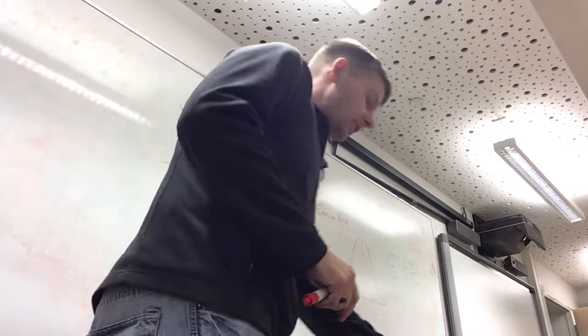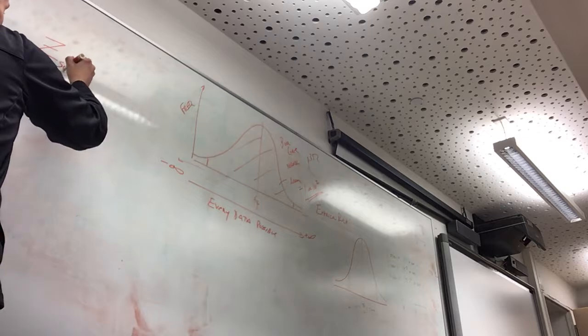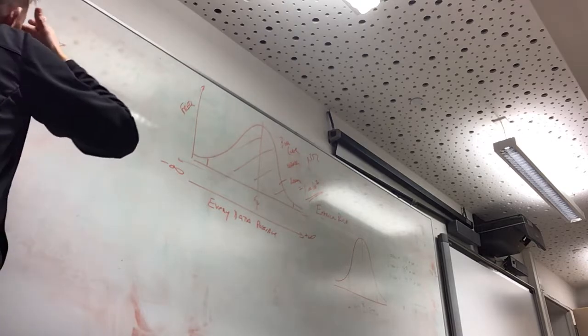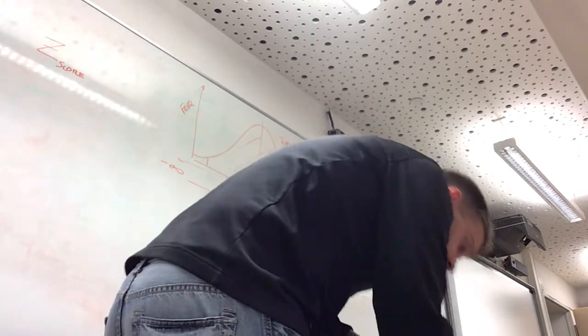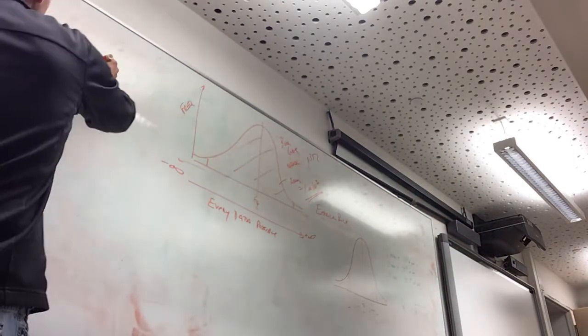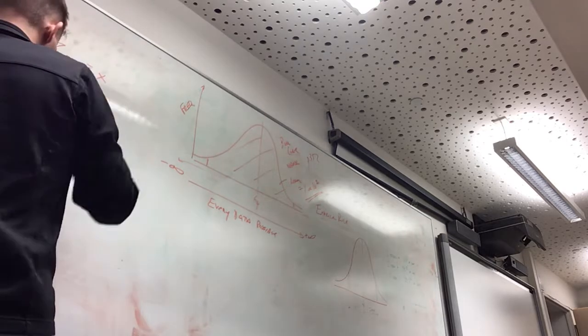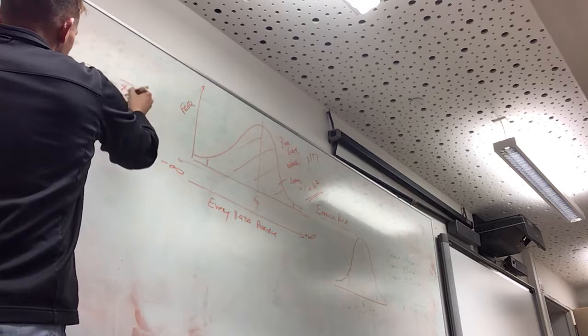Okay? And one of the things that we look at is what we call the z-score. This is on page 354. Okay? The z-score. The z-score is set by the following equation. It says x minus x bar divided by s.